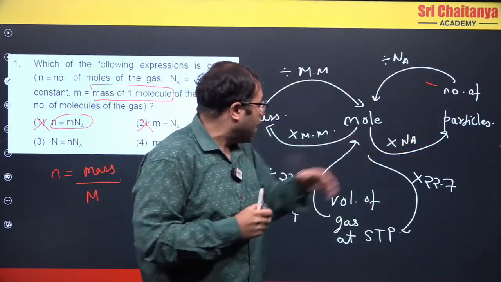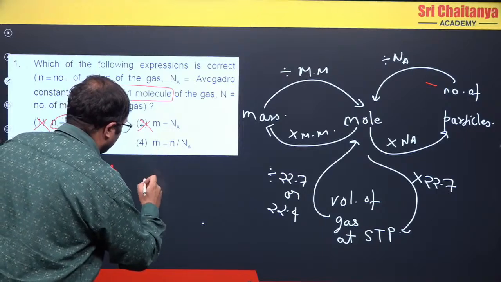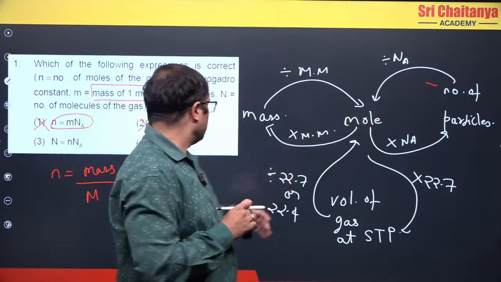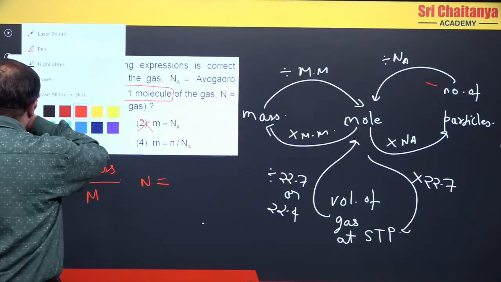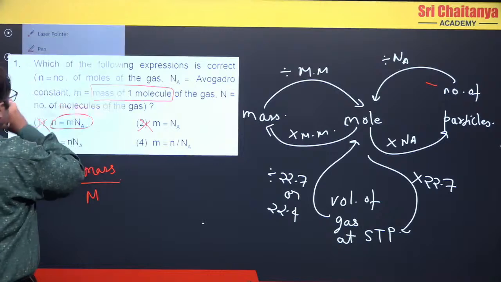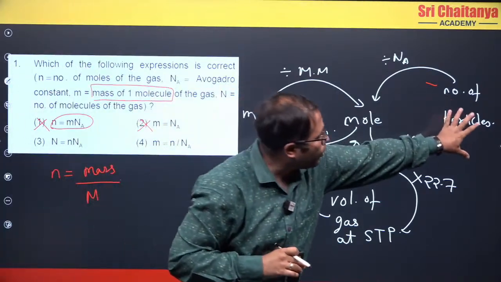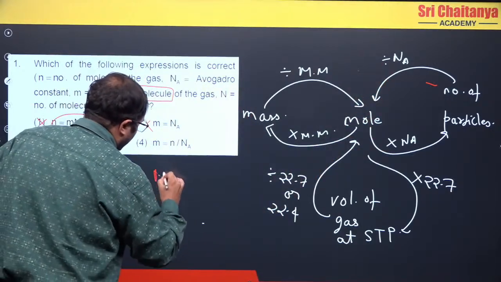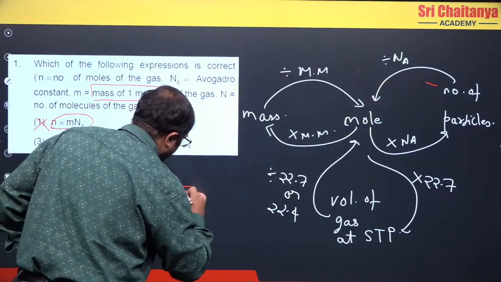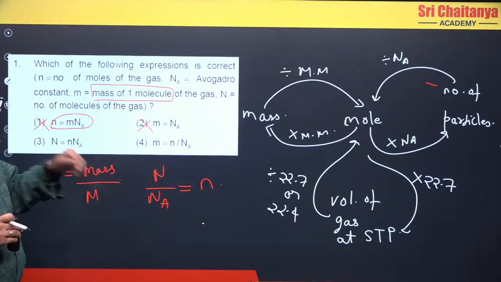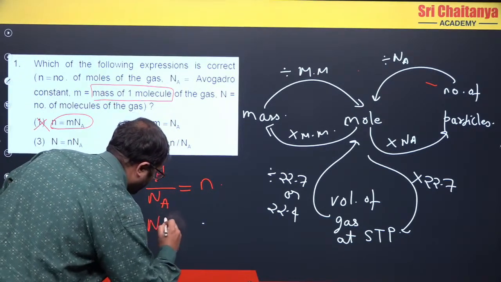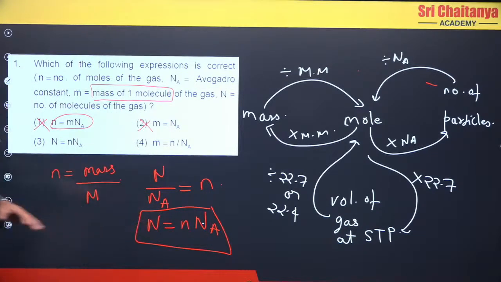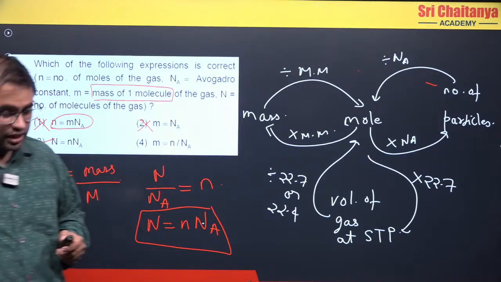So number of particles for us is N. So number of particles divided by Na will be equals to number of moles. So this you can further simplify as N equals to n into Na. So where you can see this kind of an expression, you can see it in the third option. So third is the correct answer.